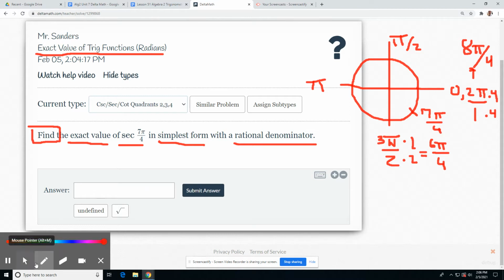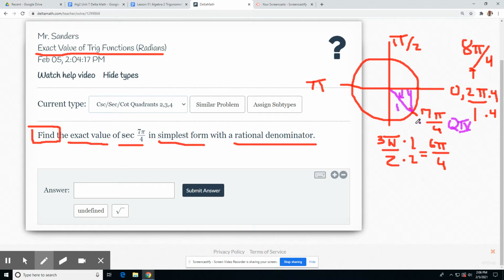Now, we always want to look at a reference angle when we do these. So we go to the unit circle, which is 1, and then we match it right here. So what would this angle be of this triangle? This is quadrant 4. Let's remind ourselves, quadrant 4 triangle.